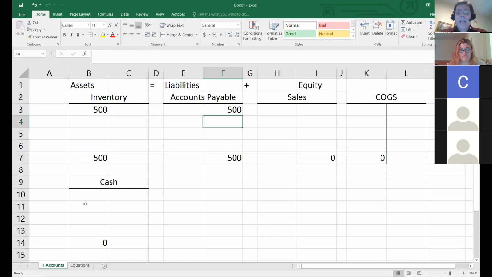Now, when you sell inventory, you're going to credit inventory and debit cost of goods sold. You also, right, we said we have to have two. We're going to say we sold those for $600, credit sales, and we're going to make it a cash sale so we don't have to use accounts receivable, because that's not our focus here. Okay. So that's how the T accounts work.